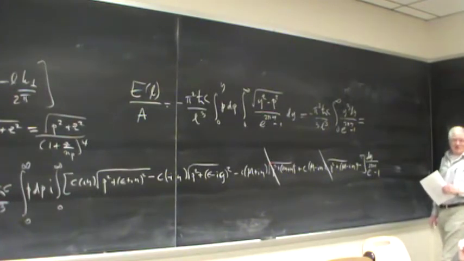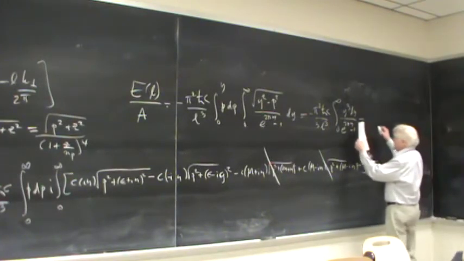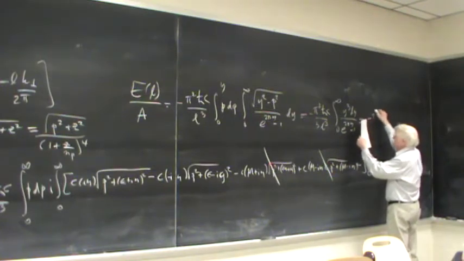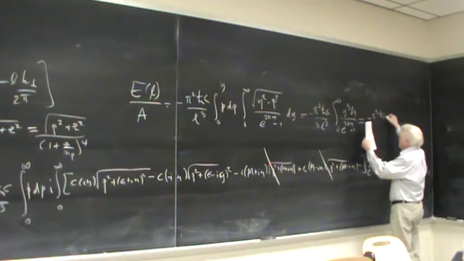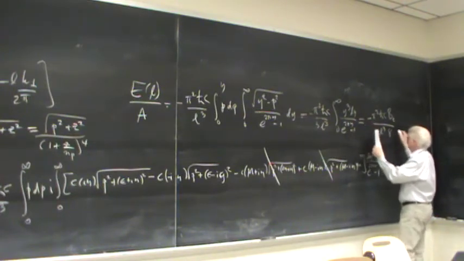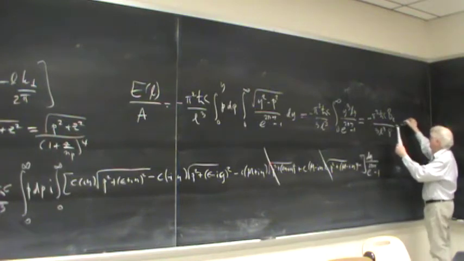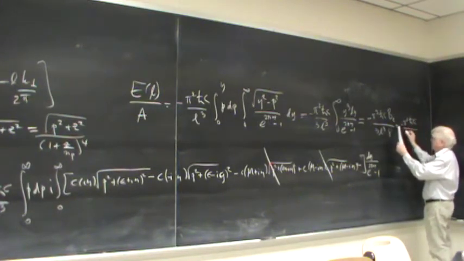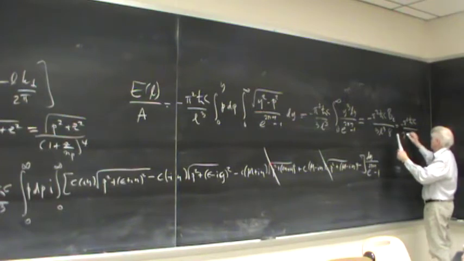There's a Bernoulli number in here. And so this is actually minus pi squared h bar c B2 over 3L cubed times 8, which is minus pi squared h bar c over 720 L cubed.